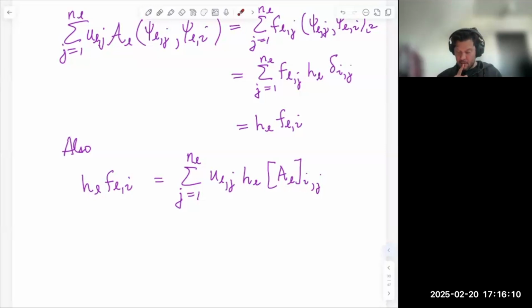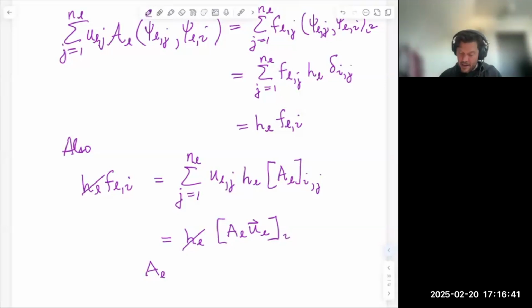Now I think we have it all completely right, because this is just going to be HL times the ith entry of AL times UL, and this object over here is, of course, the ith coordinate of FL. So this proves the result that we wanted after canceling HL. We have ALUL equals FL. I'm just relating now the coordinates.